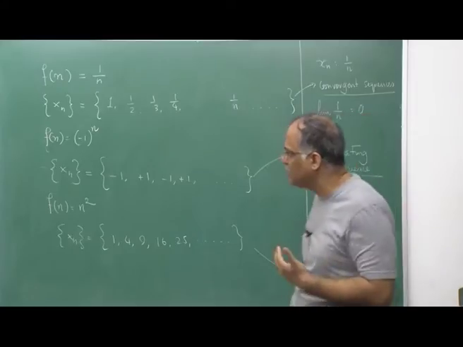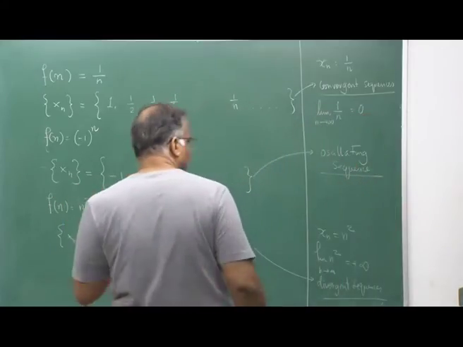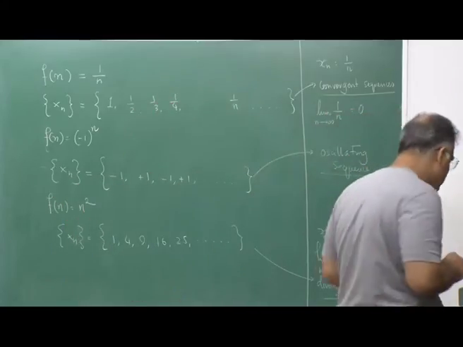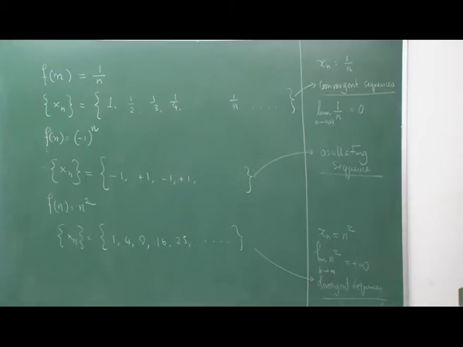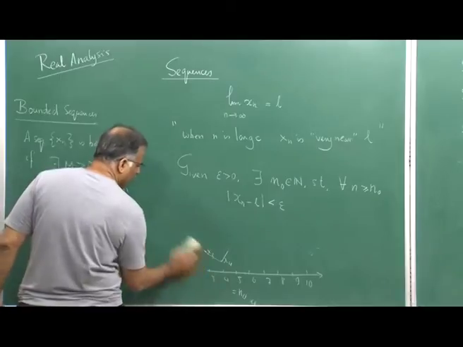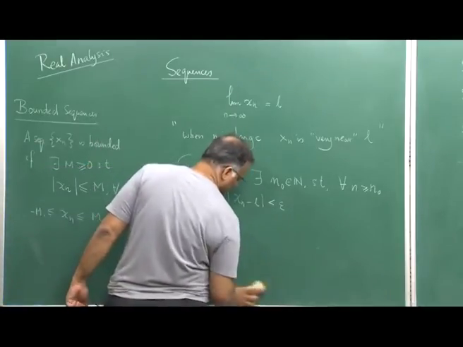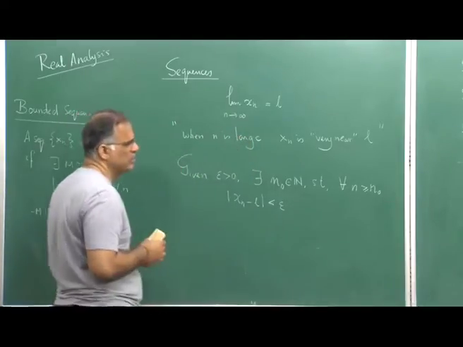So, we will first start a way of proving this fact that every convergent sequence is bounded. This is one of the earliest proofs that you see in mathematical analysis, or real analysis, that every convergent sequence is bounded. So, how do you prove that?